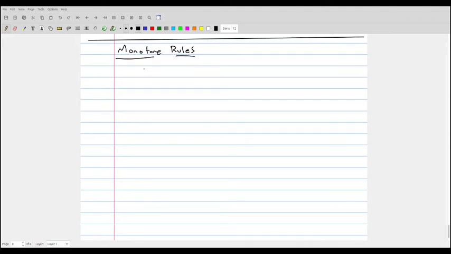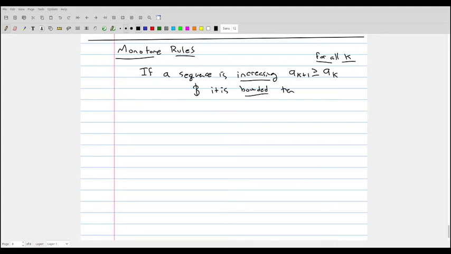This is saying that if a sequence is increasing, so that for monotone, a_{k+1} is greater than or equal to a_k for all values of k, and it is bounded, then the limit as k goes to infinity of the sequence exists.